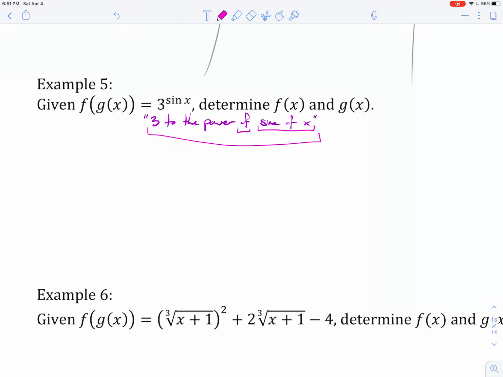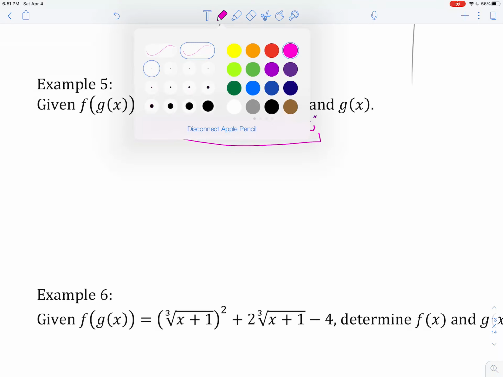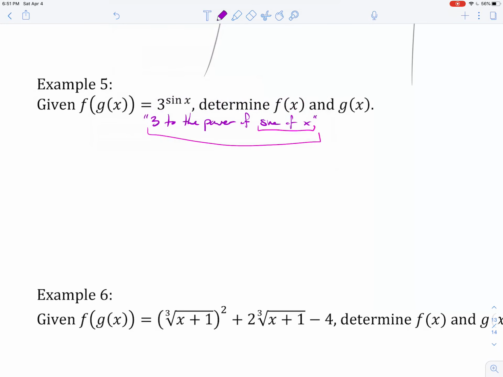This is f of g of x. There's that of, right? So what I'm going to go with saying is that g of x is sine of x. And that means that f of x is 3 to the power of that.